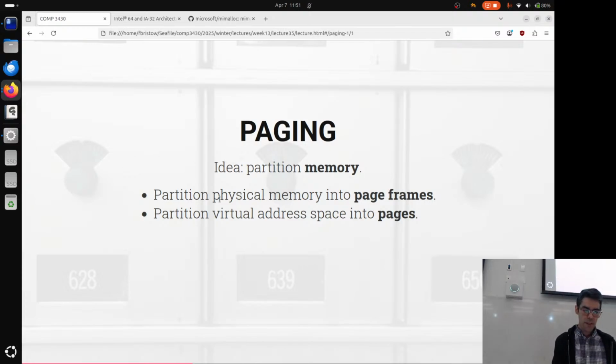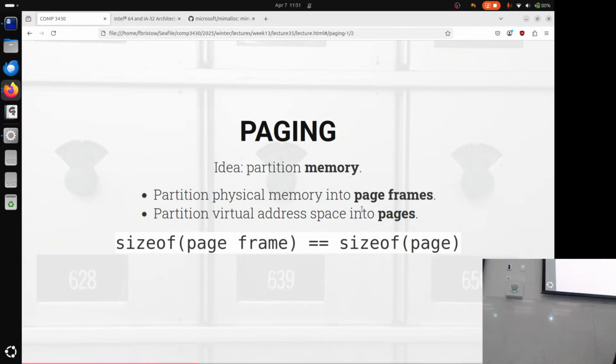I'm going to partition physical memory into page frames that are about 4 kilobytes in size each. I'm going to partition my address space into pages that are about 4 kilobytes each. And the size of these are intentionally the same. I'm going to put my pages from my virtual address space into physical memory, and thus they have to be the same size.